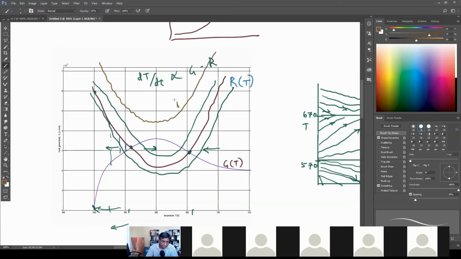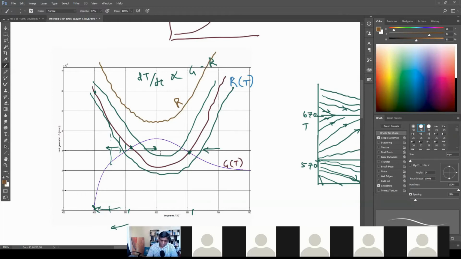Again, this is R of T. If these two curves never intersect, that means there's no steady state available in the system. That's quite different to some of the developments you've been seeing in your Chem-Eng courses, where you almost automatically knock out the dT/dt term and solve for steady state. But it's not always the case that you even have a steady state.